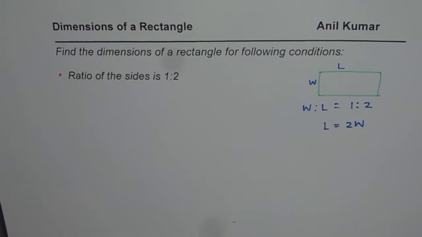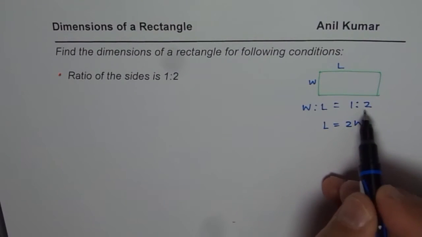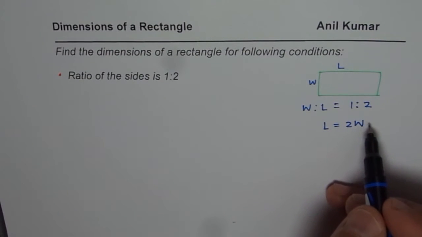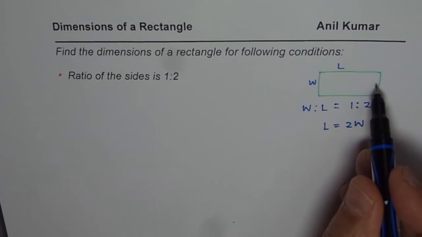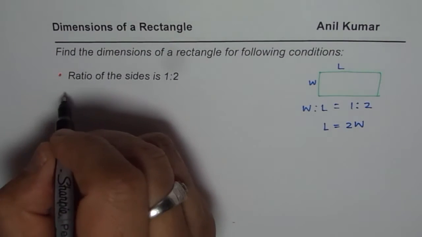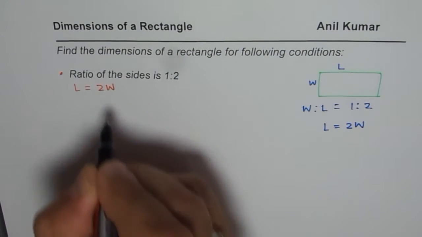Is that okay? If I take width as 1, length is 2. If width is 2, length will be 4, 2 times, correct? So we get many solutions for this particular pattern. In this case, length is equal to 2 times width.